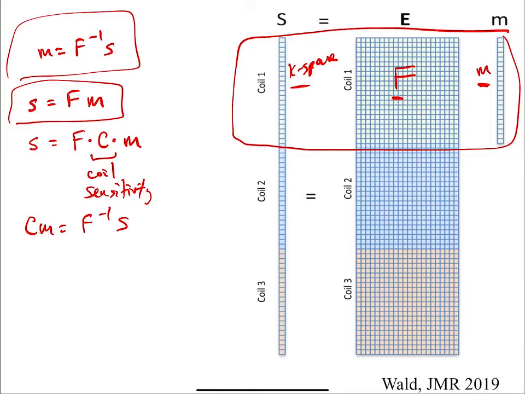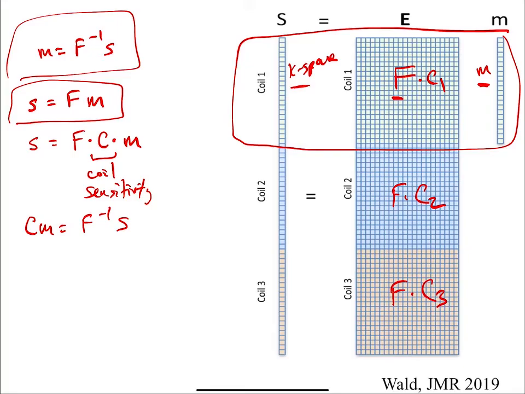So what parallel imaging does is say, let's just model that explicitly. We have different coils here, and each one of these is going to have an F. Its E matrix we can consider being F times the coil sensitivity of the first coil, F times the coil sensitivity of the second coil, F times the coil sensitivity of the third coil.